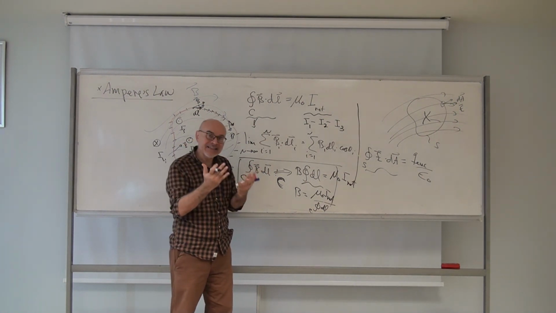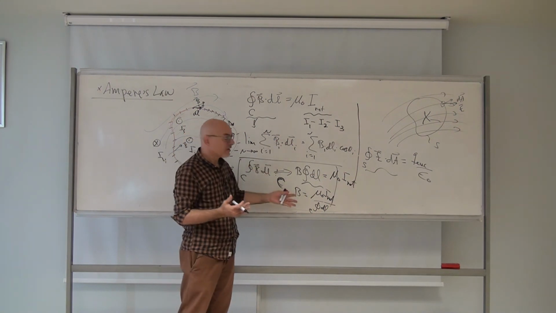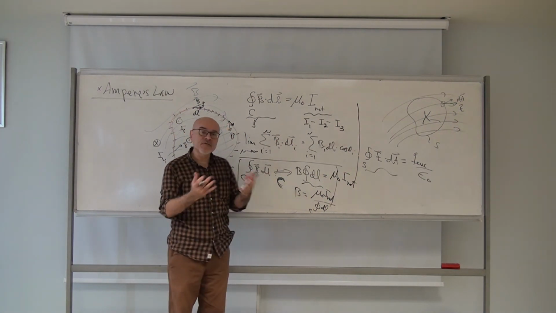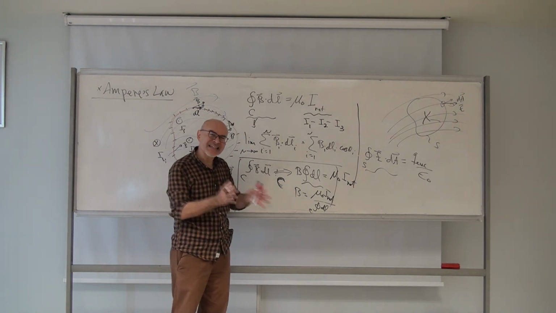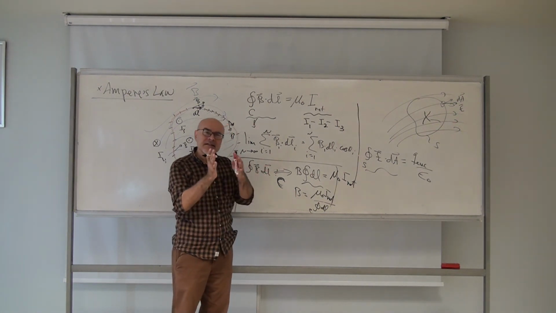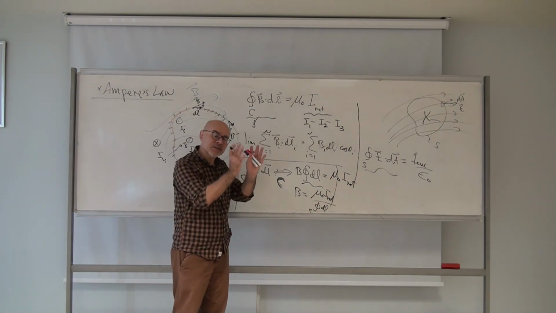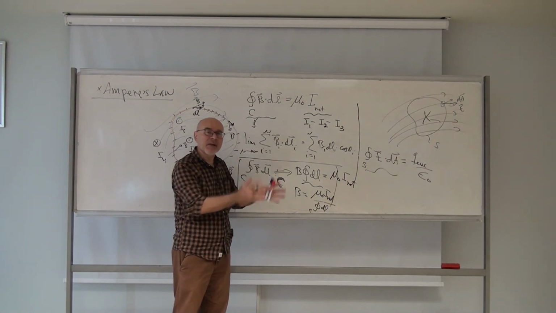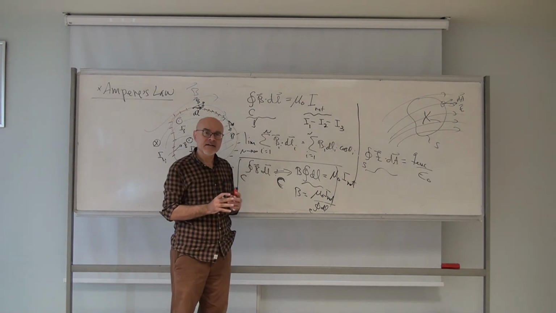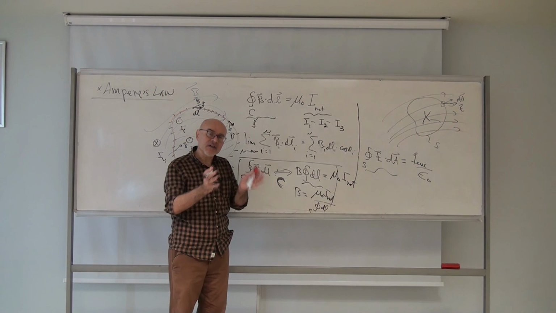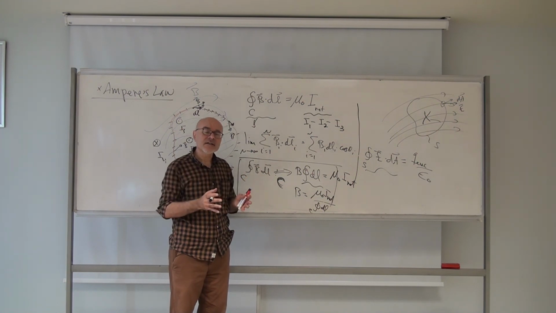So the strategy for applying Ampere's law to find the magnetic field is as simple as this. And as you can see, it's quite close to the strategy that we applied when we utilized Gauss' law to find the electric field of charge distributions that have a high degree of symmetry.